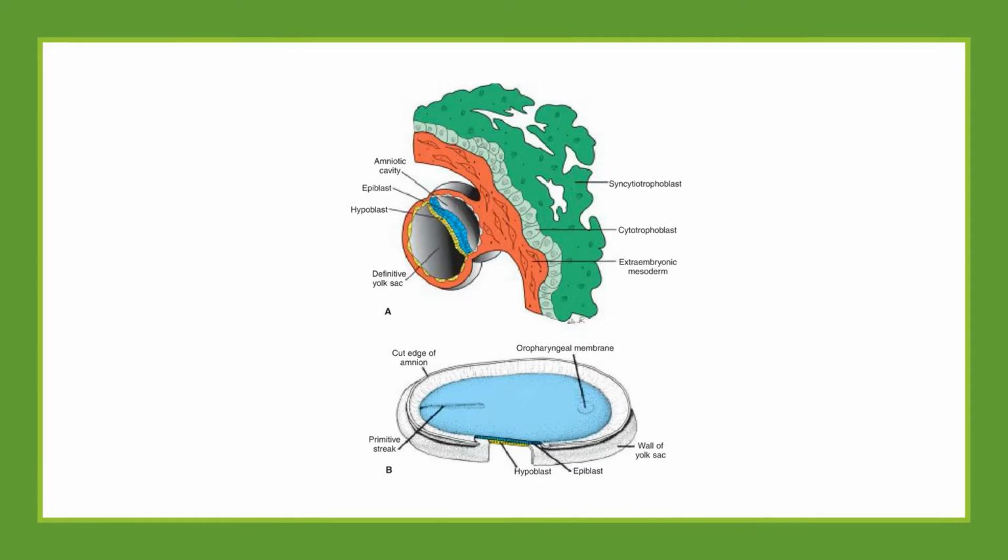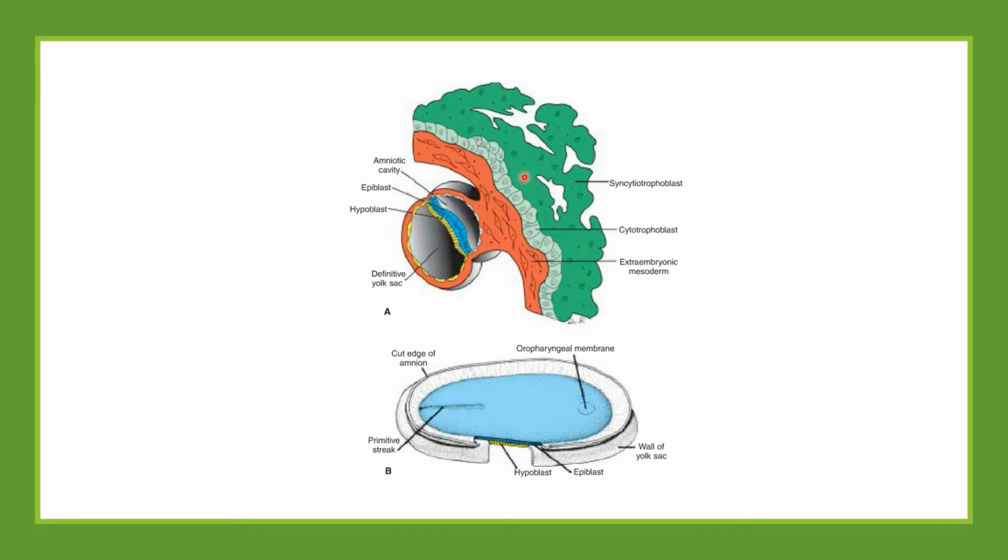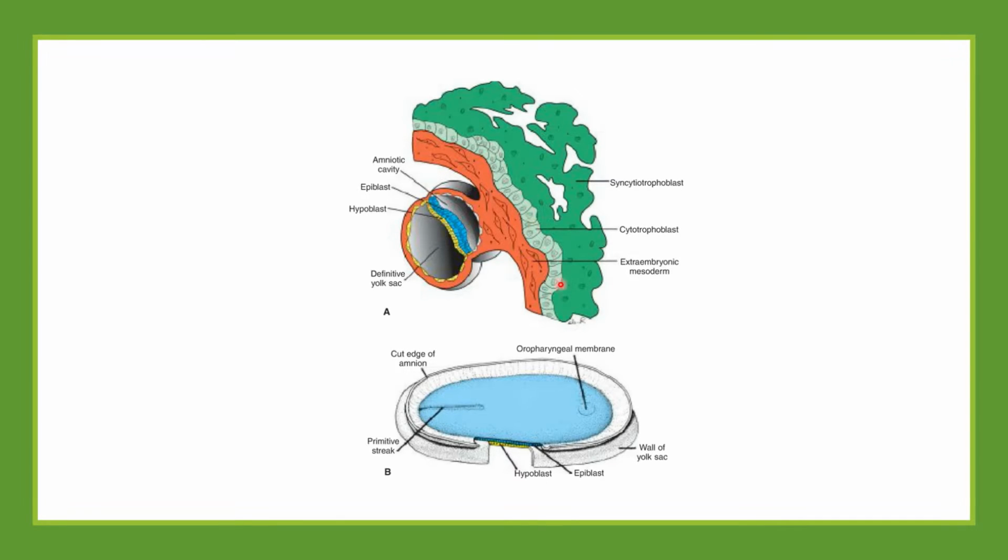All right, guys, so here I'm showing an image that I got from Langman. Basically, if you look right here, these cells, the green, these two cells are basically derivatives of trophoblast. Trophoblast goes through a process of mitosis and gives two different types of cells, syncytiotrophoblast and then cytotrophoblast. But if you look down here, this is happening in the second week, where this cell is an epiblast.